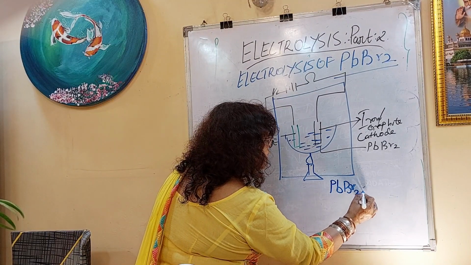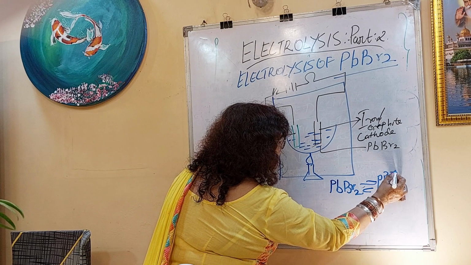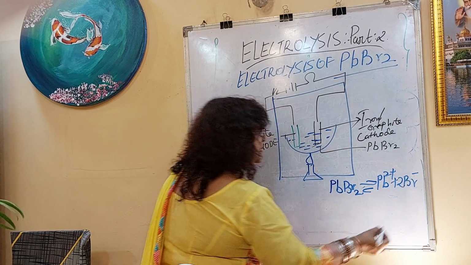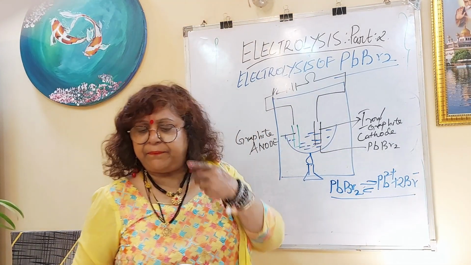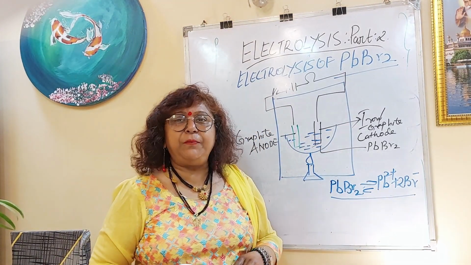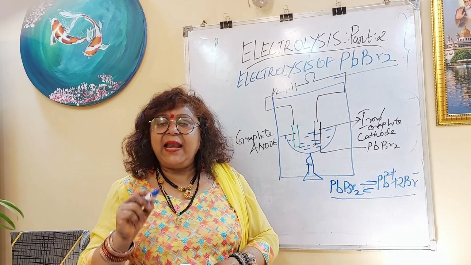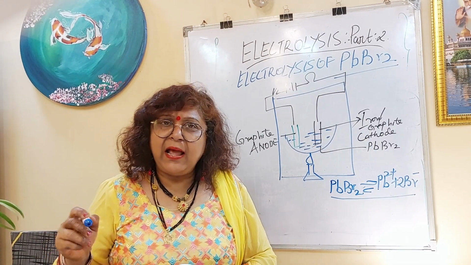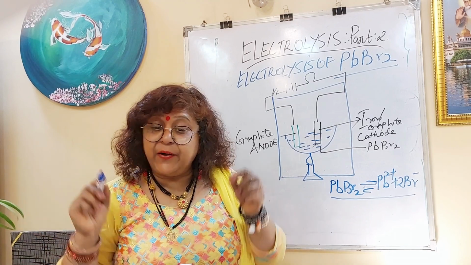PbBr2 will dissociate into Pb2+ plus 2Br-. You should underline every reaction and write everything in steps. Pb2+ and 2Br-. After this you should write that metallic lead is discharged at the cathode as lead metal and the bromine is liberated as brown bromine vapors at the anode.